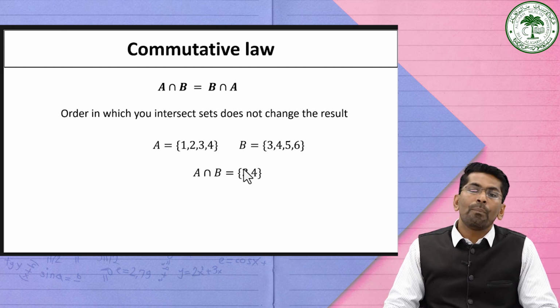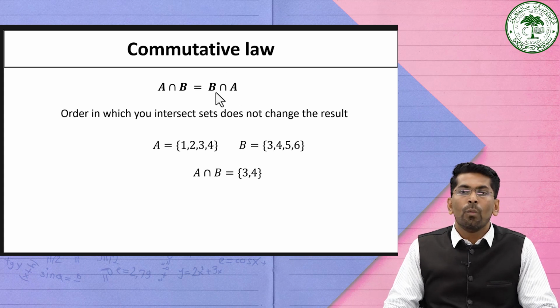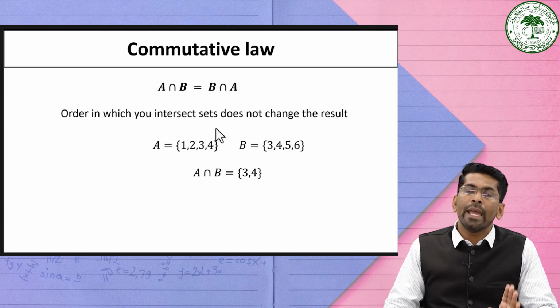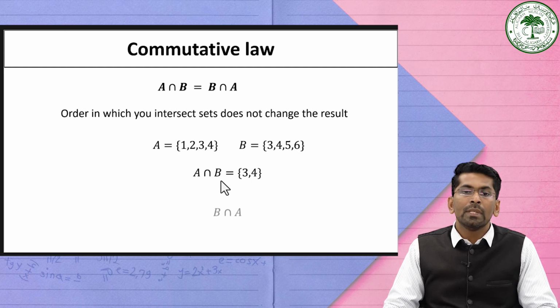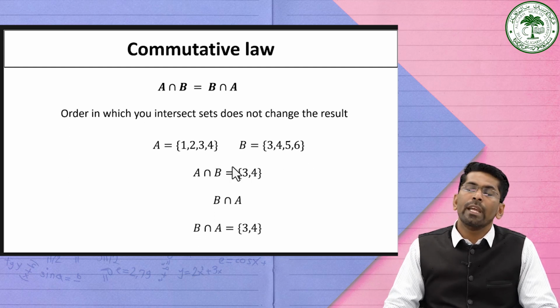Now we apply the commutative property, so we have to find B intersection A. What is B intersection A? Again, it is those elements which are common in set A and set B, so B intersection A is {3, 4}.